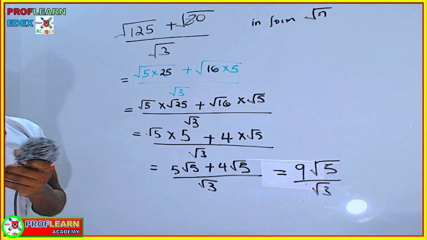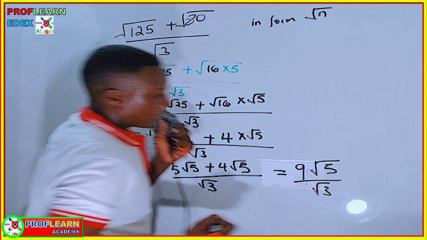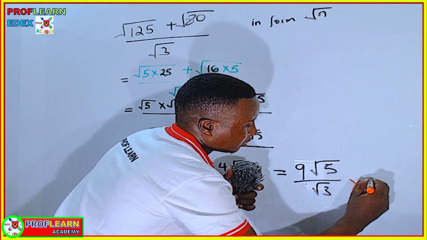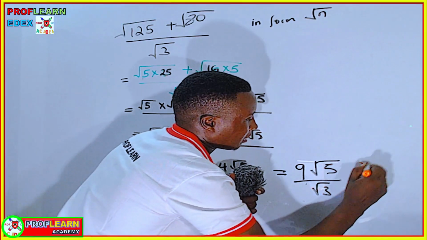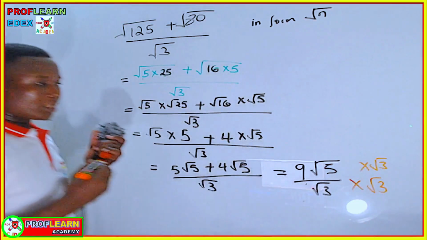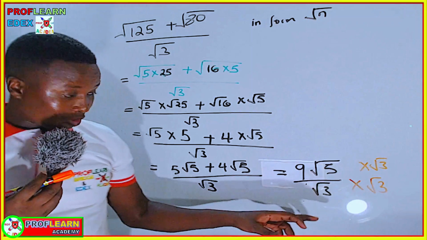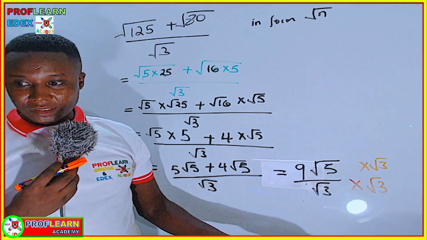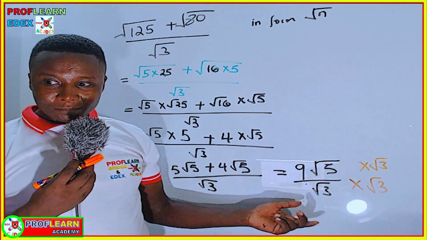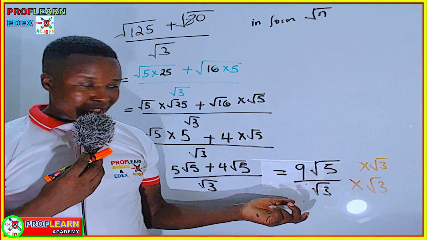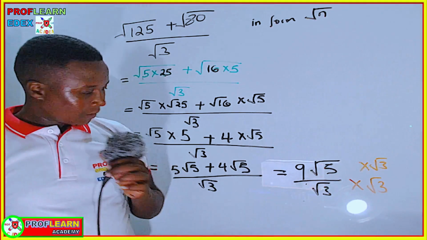Then we rationalize the denominator by multiplying by root 3 over root 3. When you rationalize a denominator that is a single value like this, you just multiply through. But if you have two terms, you use a conjugate, which we had learned.